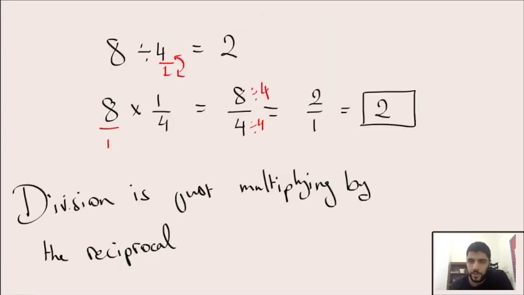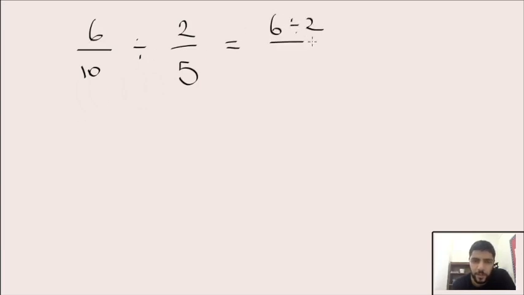So if we want to do another example, we can do something like 6 over 10 divided by 2 over 5. I can just follow the same rules as the multiplication and say 6 divided by 2 over 10 divided by 5, which is fine. 6 divided by 2 is 3. 10 divided by 5 is 2.